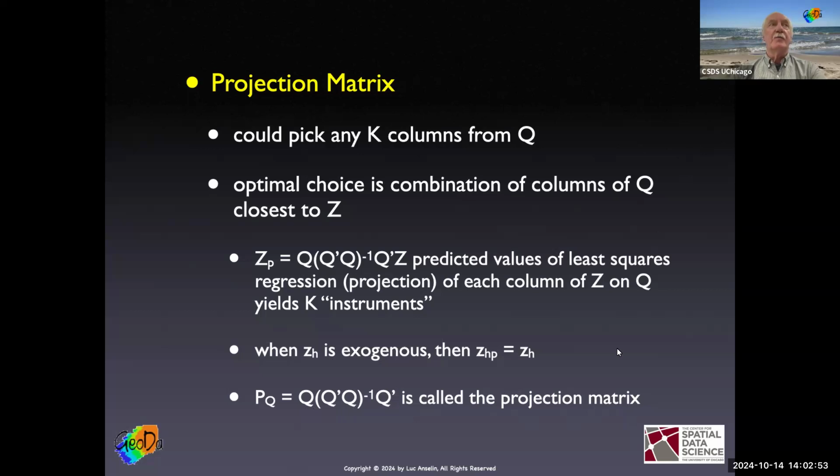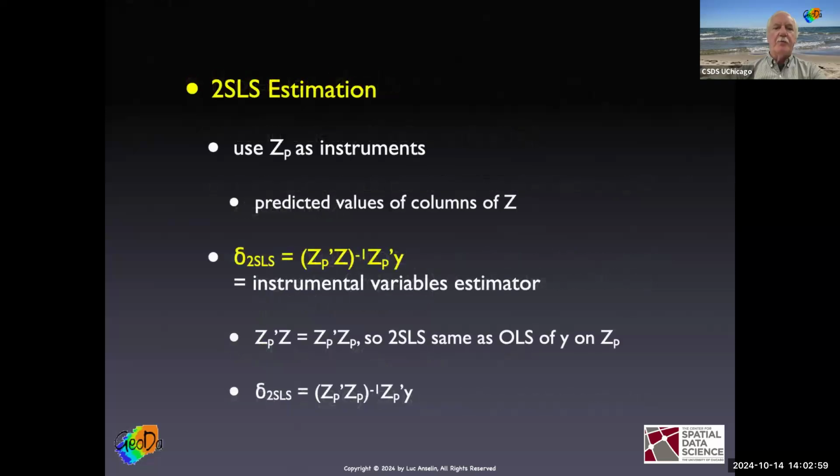And you'll see this in the textbooks all over the place. This has a lot of optimal properties. So then we use these predicted values as instruments, and we write the instrumental variable estimation.